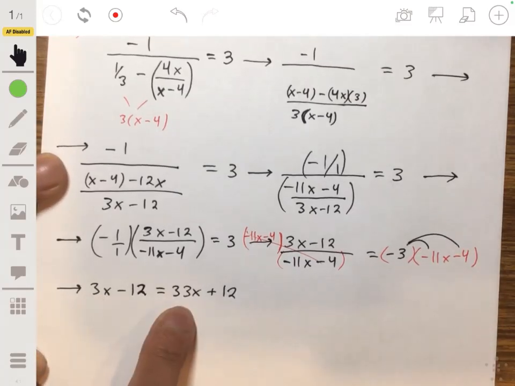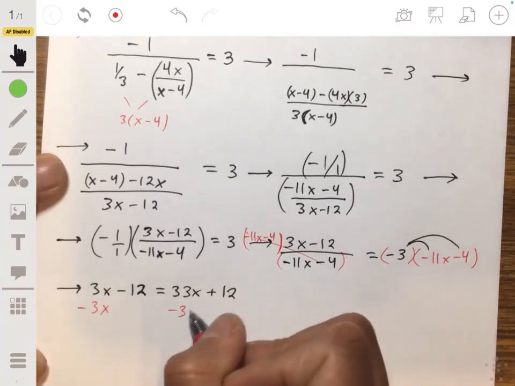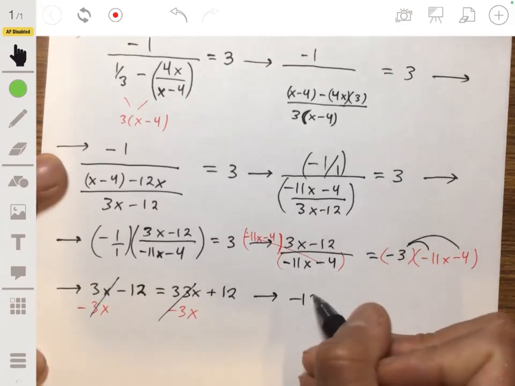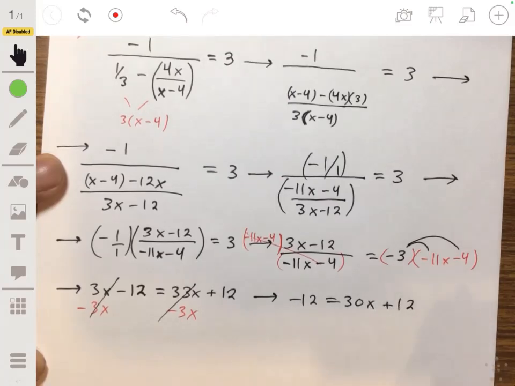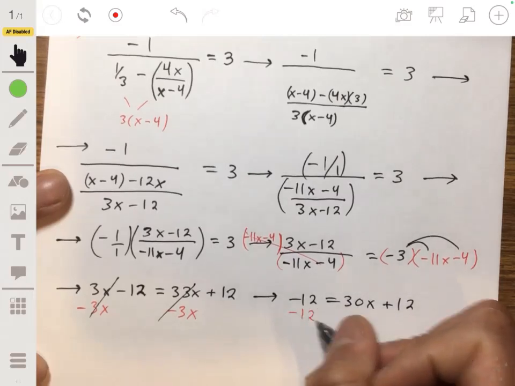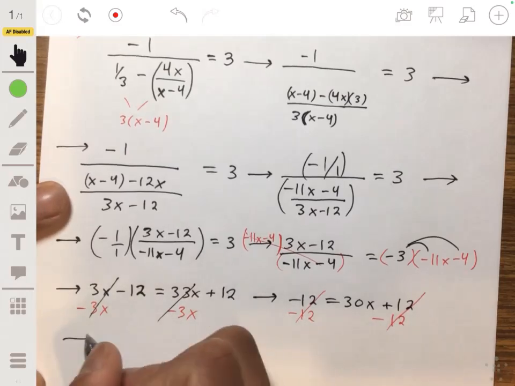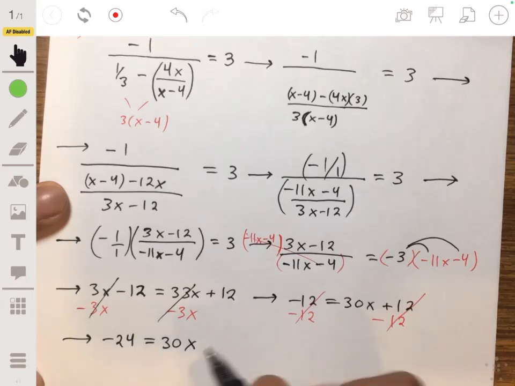Taking away 3x from each side, we get negative 12 is 30x plus 12. Taking away the 12 from each side, we're going to get negative 24 equal to 30x.